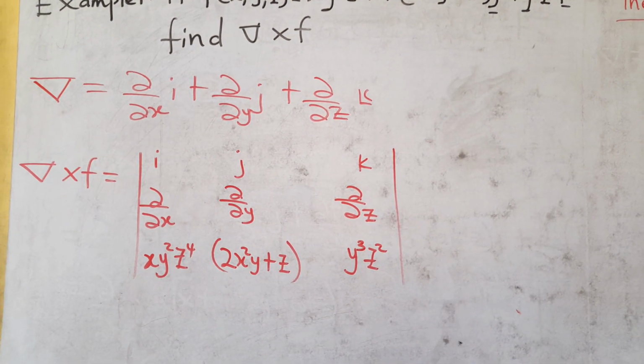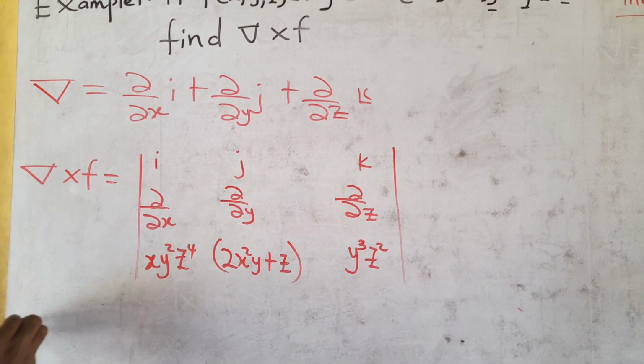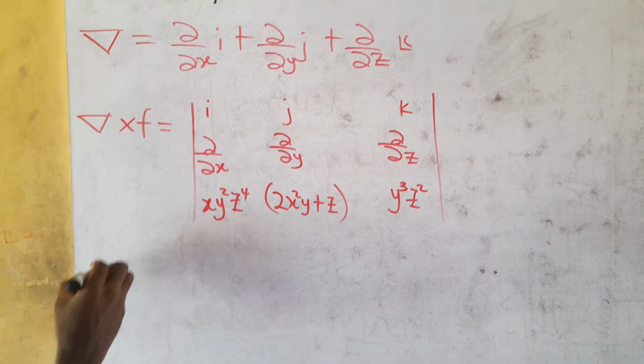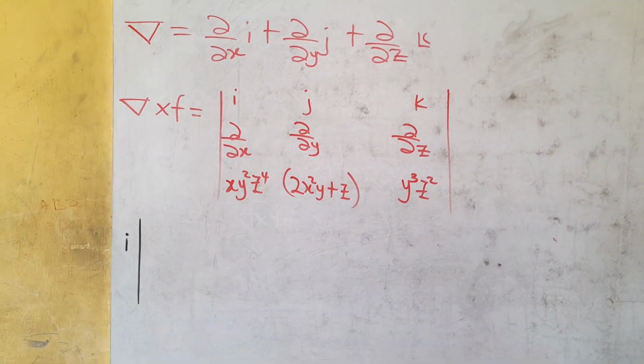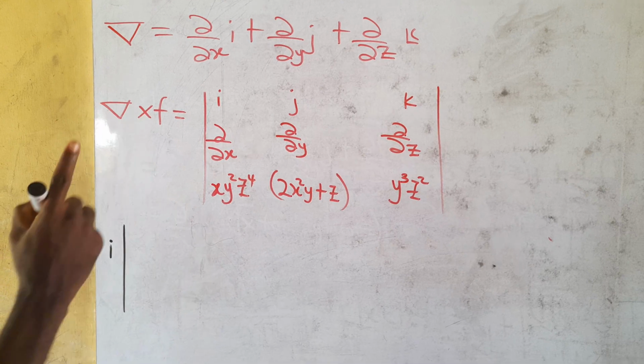So what will be the cross product? Remember, it is i times the determinant of what is not under the i.